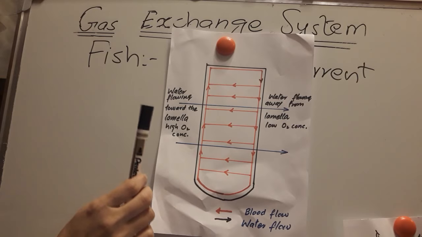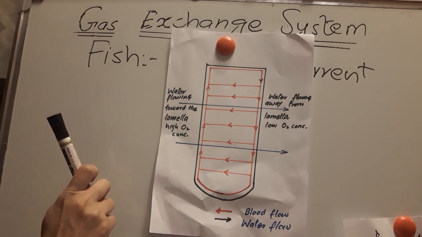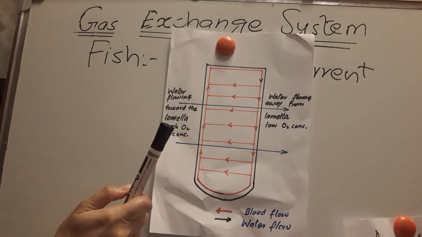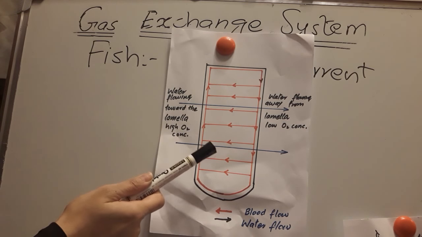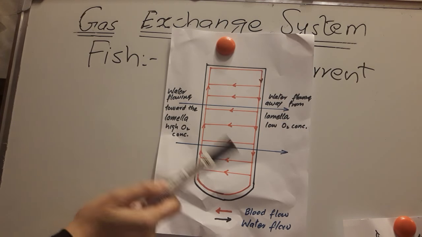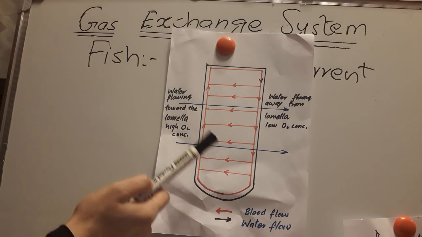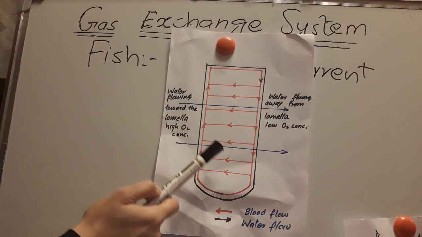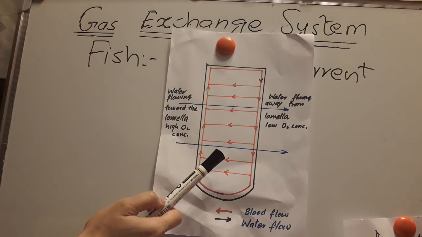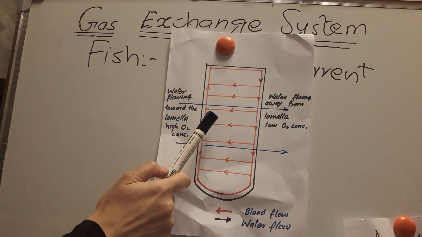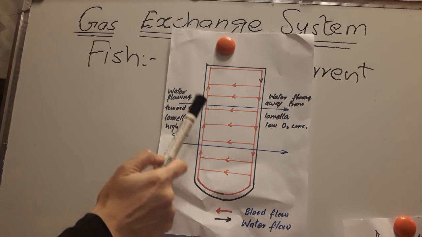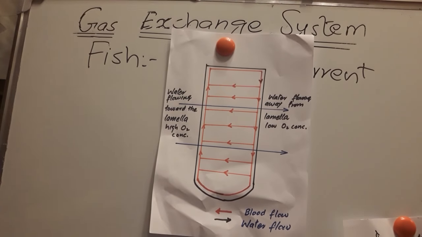This system maintains a large concentration gradient between the water and the blood. The concentration of oxygen in the water is always higher than that in the blood. So the concentration of oxygen in the blood is low. This makes sure that maximum oxygen is absorbed from the water into the blood.